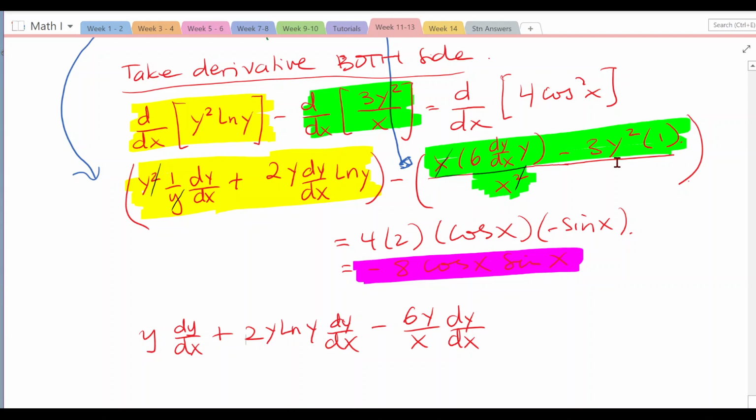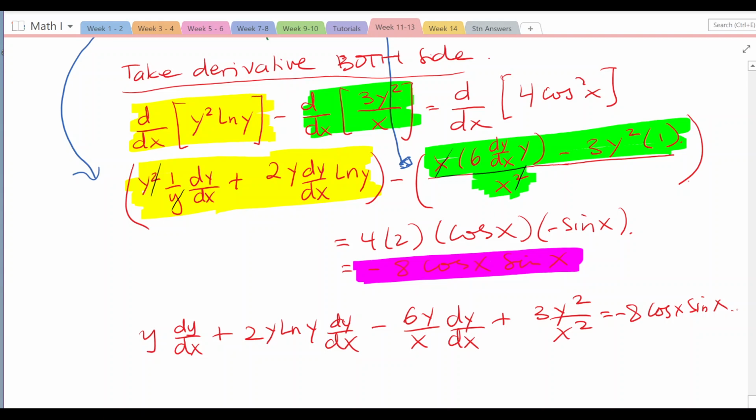And then simplify this further with that one. By the way, we have to remember negative times negative is positive, so the next sign is positive, positive 3y squared over x squared. The whole thing equals negative 8 cos x sin x.